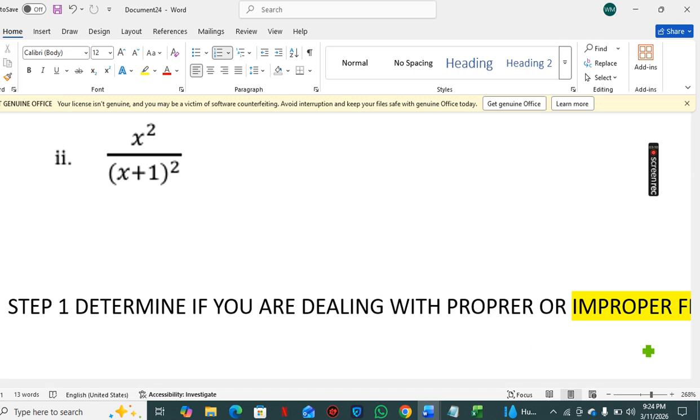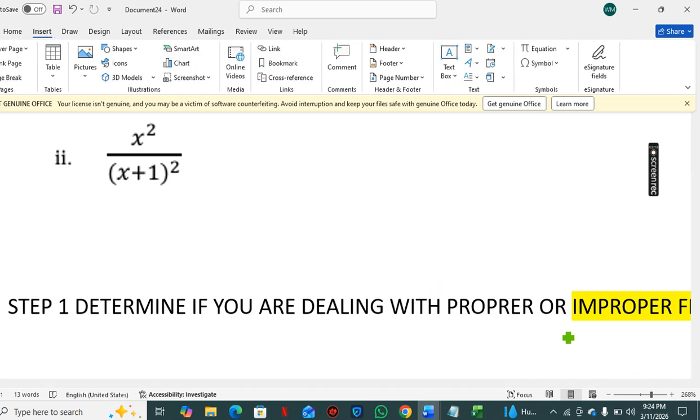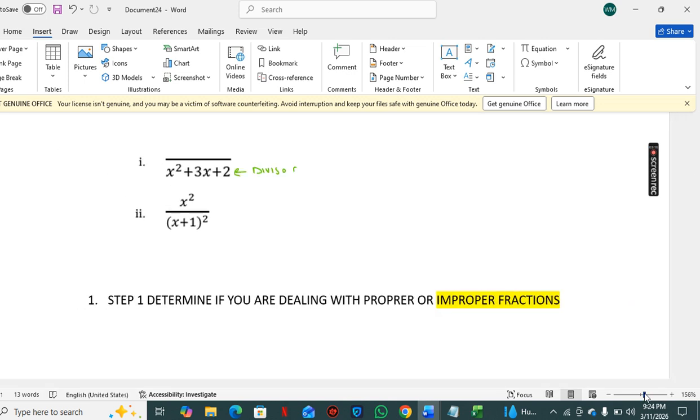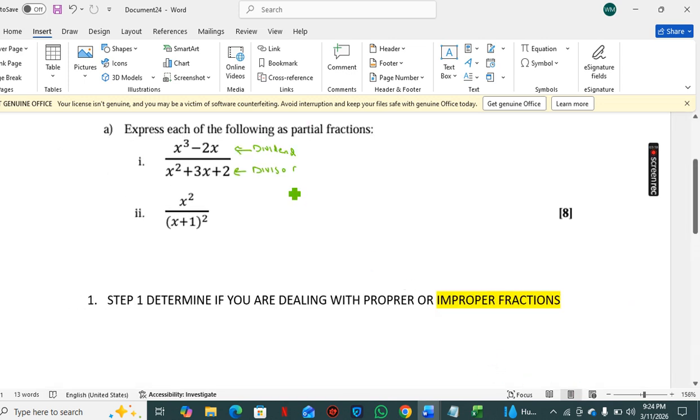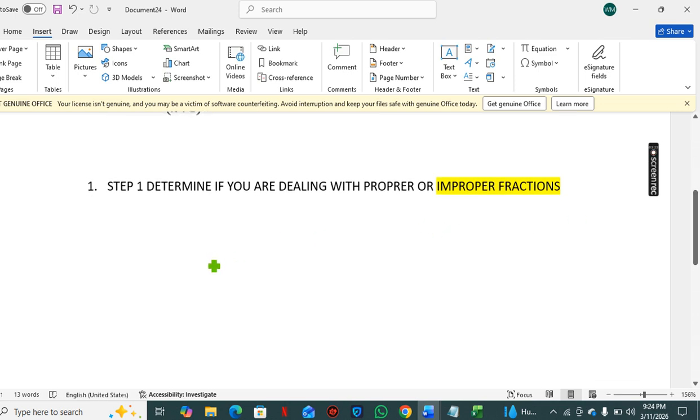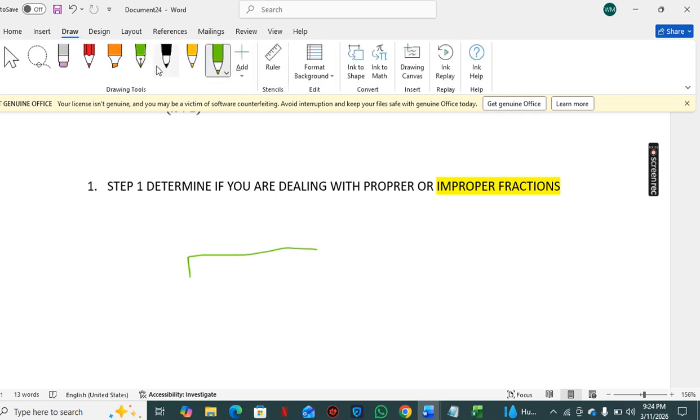So I'll say step 1 is to do polynomial division, because as I said, you will always be dealing with improper fractions. So we do that. The dividend is the one that goes inside this sign.